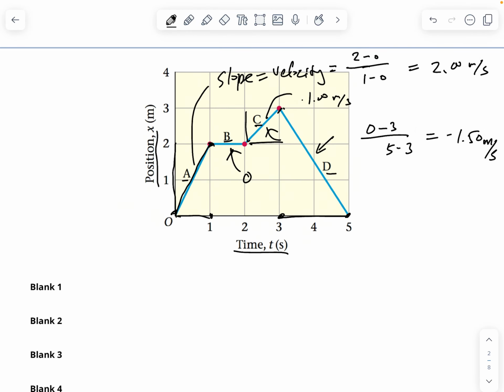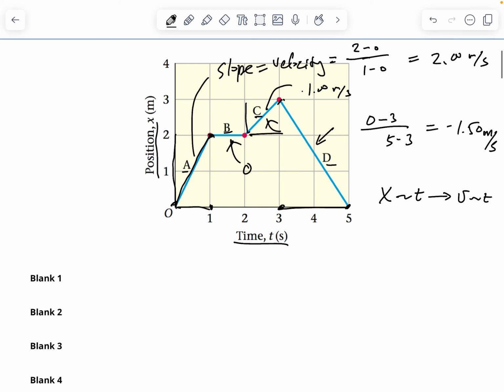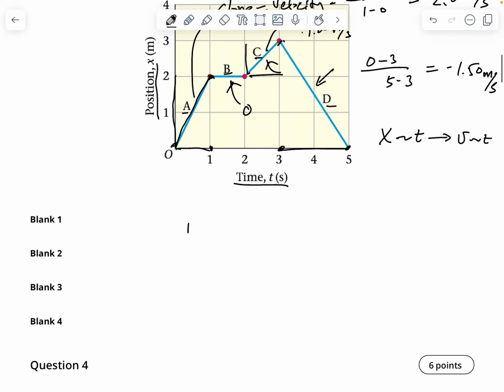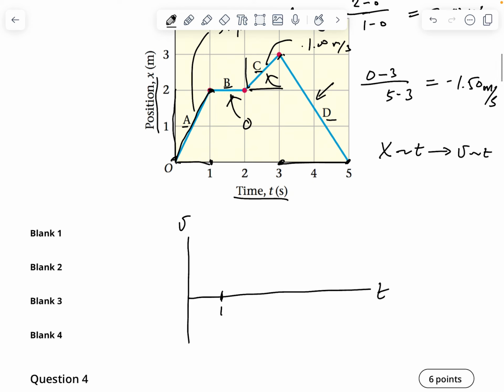So for a position time graph, slope is your velocity. So what's the velocity? You can draw the velocity time relationship. Here, yes, that's the velocity time graph, right? So you see from 1 to 2, 2 to 3, 3 to 5, right?